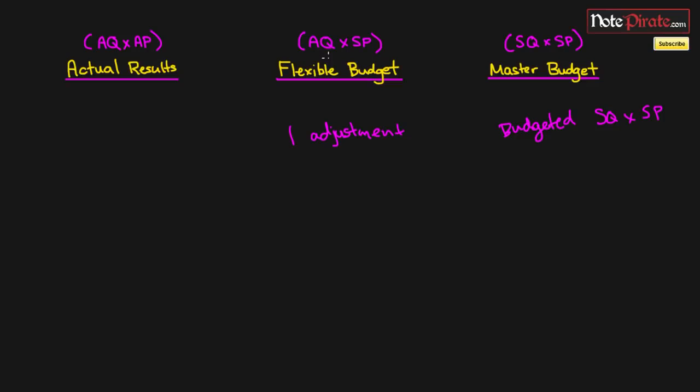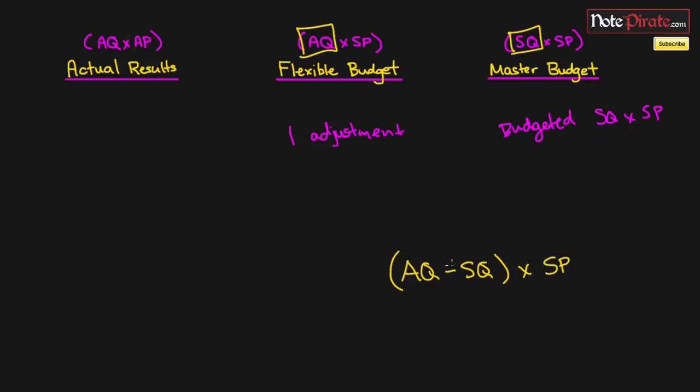So the flexible budget is going to adjust for the actual quantities. So you can see right here the only difference is actual quantity and standard or budgeted quantities for the master budget. And if we wanted to calculate our variance between the master and the flexible budget, it would just be actual quantity minus standard or budgeted quantity times the standard price.